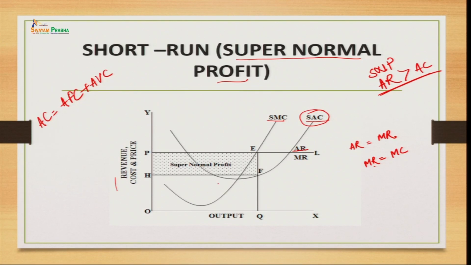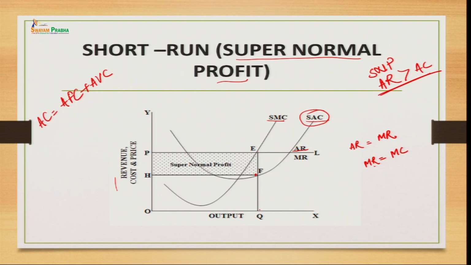Now, to calculate this supernormal profit, OP is the price at which the product is being sold, and OQ is the output which they are selling. So, you can see that EQ is the average revenue curve. EQ, this much revenue a firm is earning, because this represents the average revenue of the firm, and to produce this OQ output, FQ is the cost, right.